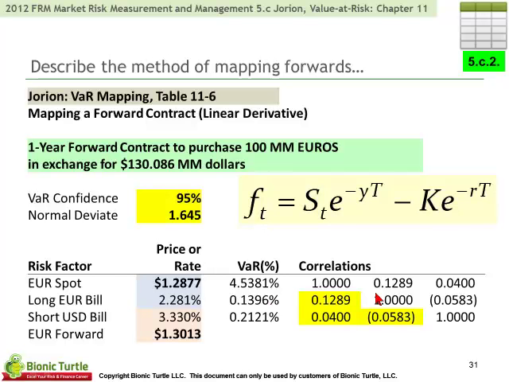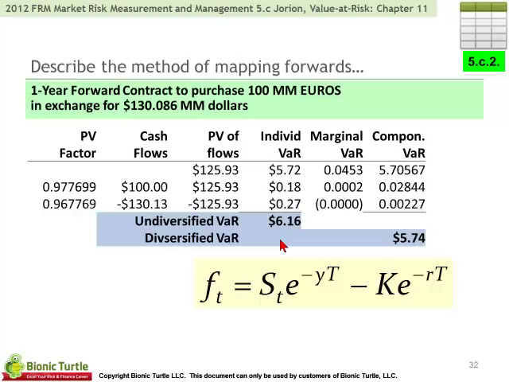And then a similar correlation matrix exercise in order to produce the diversified value at risk. In this case, the sum of the individual VARs on the 3 risk factors is 6.16 million, and given some imperfect correlation, the diversified VAR exposure to the 3 risk factors is less at 5.74 million.